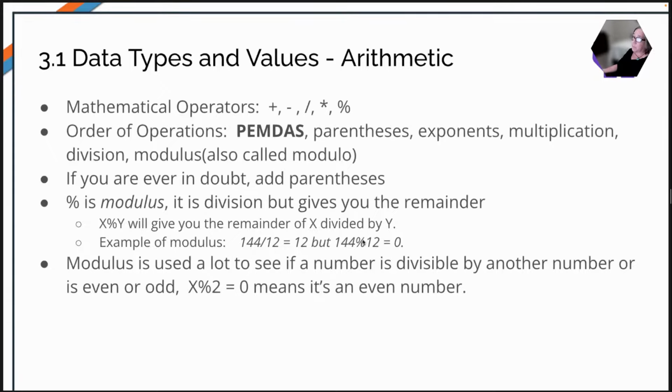But if I took 144 modulus 12, I would get 0 because there's no remainder when I divide 144. So modulus is always going to be the remainder. Modulus is used a lot to see, is this number divisible by another number?